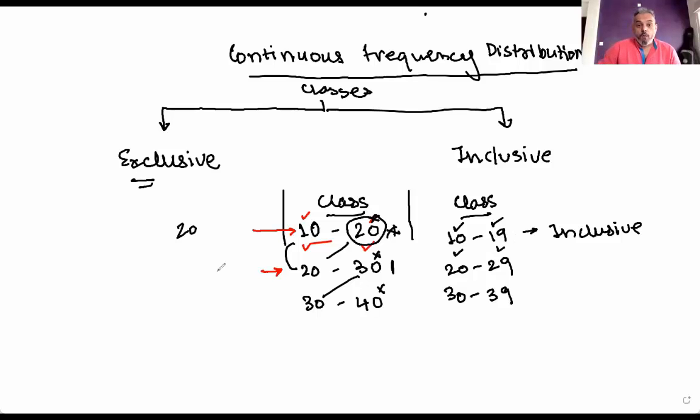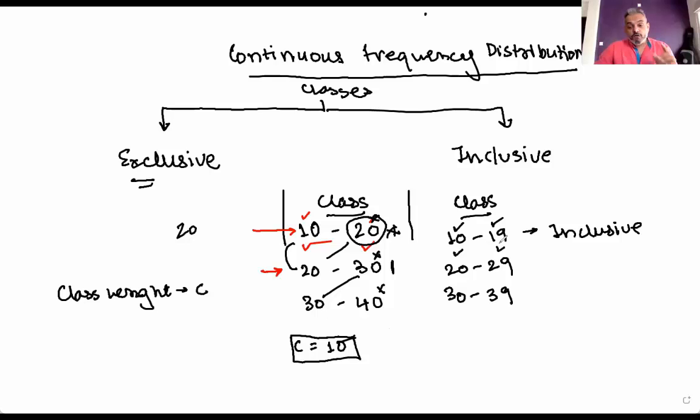Now, what about class length? Class length is denoted by C. Now, if it is exclusive, directly 20 minus 10, class length is equal to 10. If it is inclusive, here you cannot do 19 minus 10, because 19 is also taken and 10 is also taken.